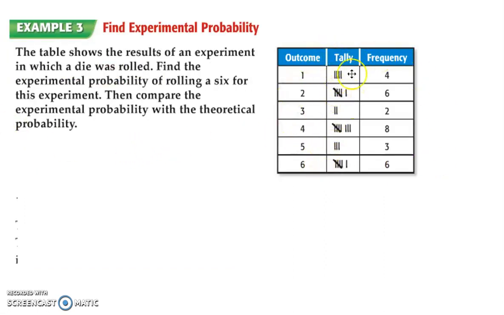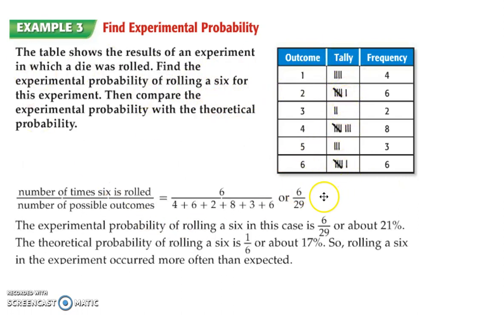Okay, we found experimental probability using this example, saying we have to add up all the frequencies, how often it was rolled. We found 29. And of those, 6 were the number 6, so the experimental probability was 6 out of 29, whereas we expect it to be 1 out of 6. That would be 17, so the experimental probability was greater than the theoretical.